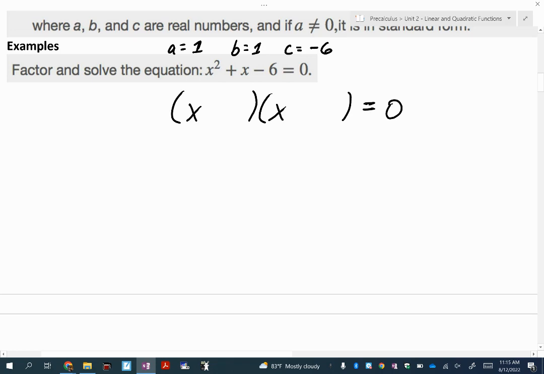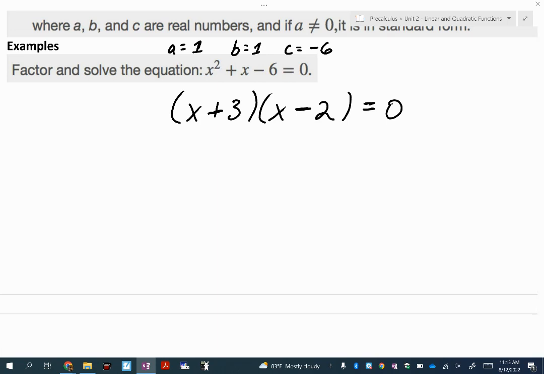I'm trying to think of factors of -6, my factors of c, that add to b, so factors of -6 that add to 1. I'm going to use +3 and -2, because 3 times -2 is -6 and 3 plus -2 is +1.